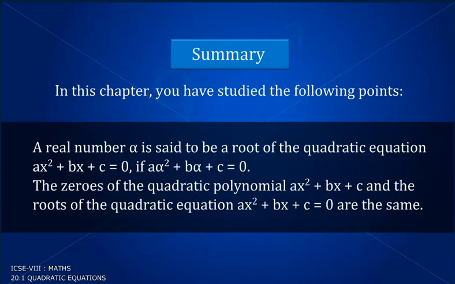Second, a real number alpha is said to be a root of the quadratic equation ax square plus bx plus c is equal to 0 if a alpha square plus b alpha plus c is equal to 0. The zeros of the quadratic polynomial ax square plus bx plus c and the roots of the quadratic equation ax square plus bx plus c is equal to 0 are the same.